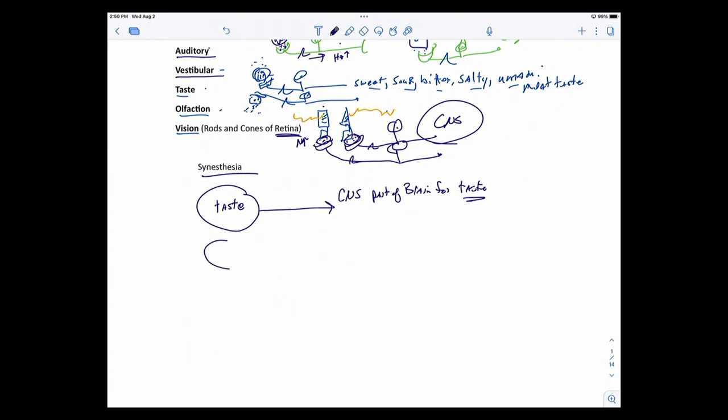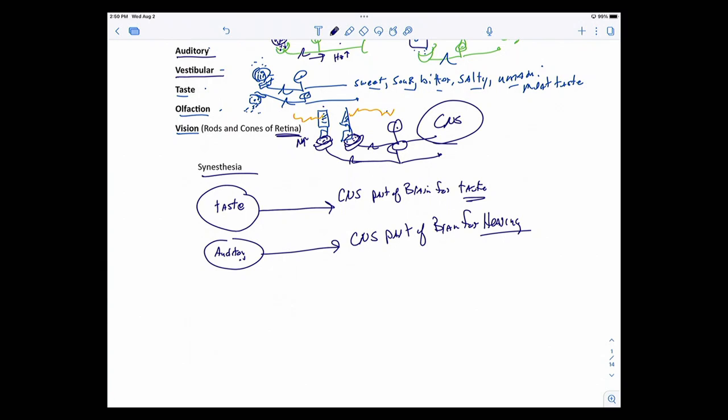And then, another example, you have auditory. Same theme here. It's going to go to the central nervous system, part of the brain for hearing. So if that part of the brain is stimulated, I'm going to have a conscious sensation of hearing from the auditory system.